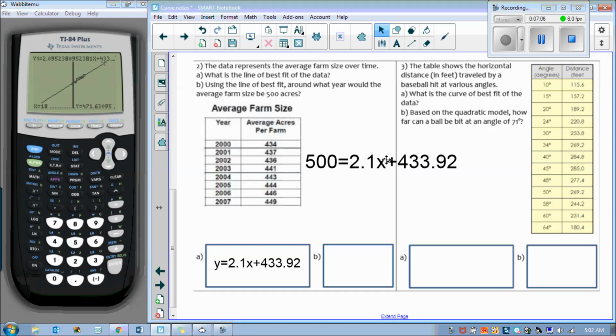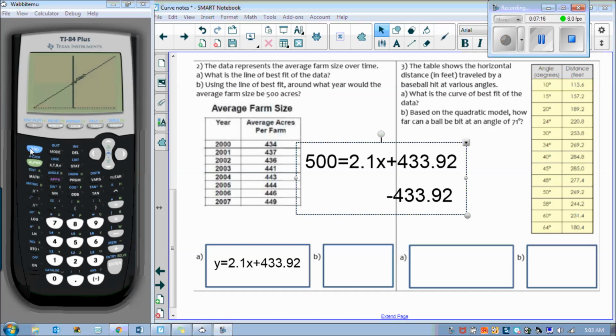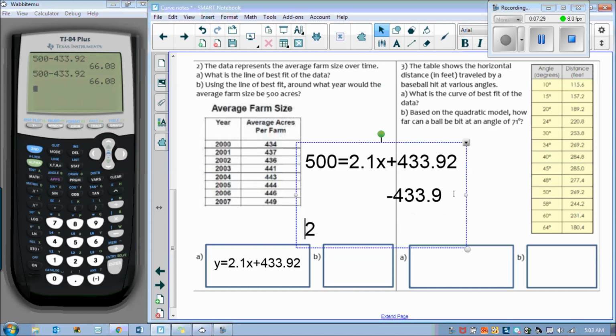And then I'm going to solve that equation for x. So I want to get x by itself. So my first step is going to be to subtract 433.92 from both sides. That would give me 66.08 equals 2.1x, and my last step is to divide by that 2.1.